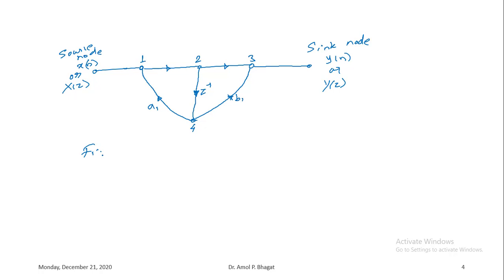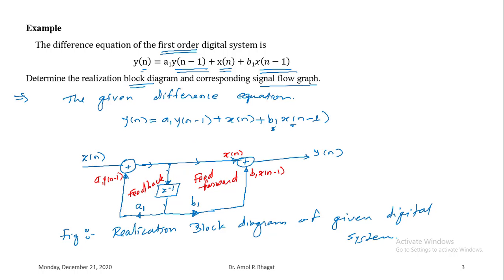So this figure indicates the corresponding signal flow graph. Okay, so such signal flow graph you can obtain from the realized digital system or the realized digital system structure.